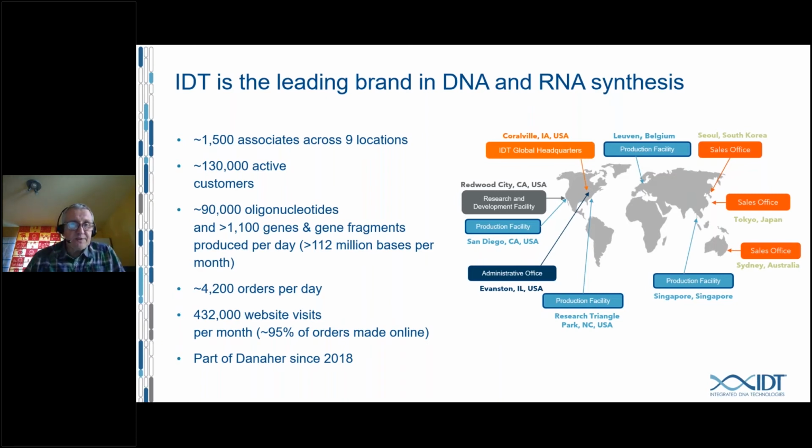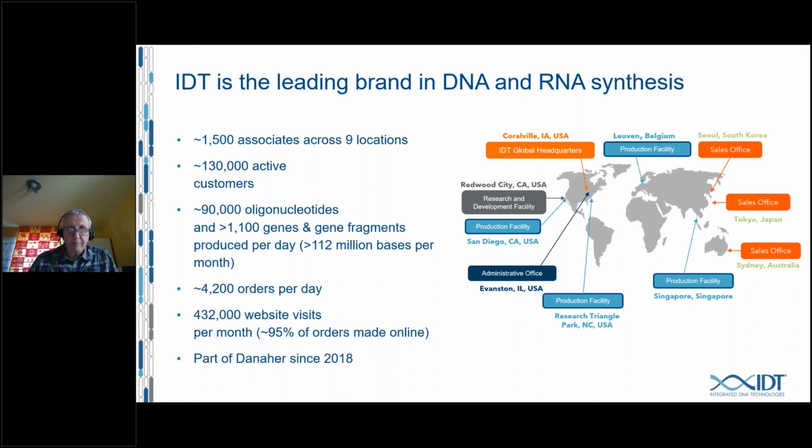So integrated DNA technologies, or IDT, can really be considered one of the major oligosynthesis companies. We have a worldwide presentation with 5 production sites, 3 in the US, 1 each coast, and then also production in Coralville, where also the global headquarters are located.